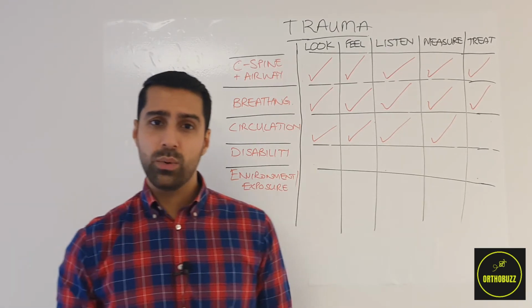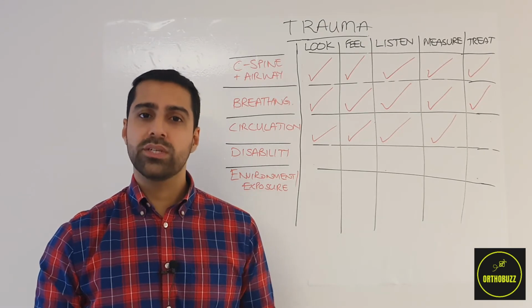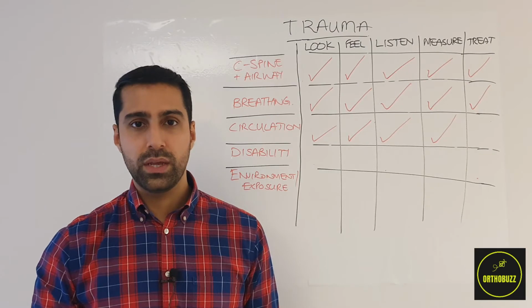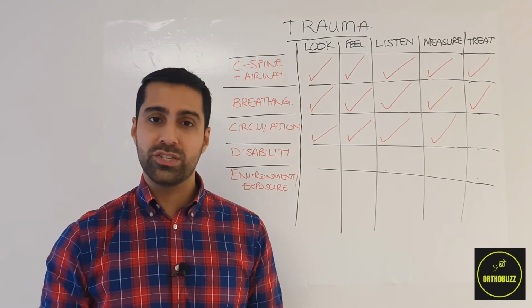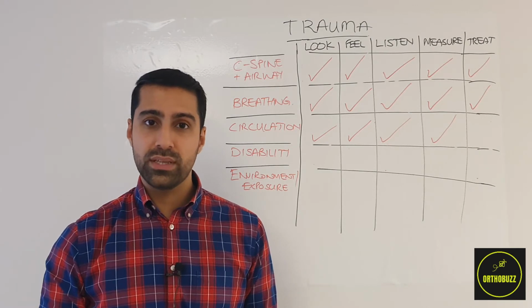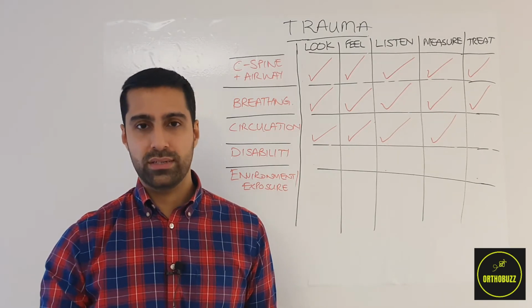Once we've done this, we would then give the patient 1 litre initially of warmed crystalloid, such as 1 litre of Hartmann's, and assess the response to this. If the response is good, it suggests that the patient is responding to this and therefore does not have any further active bleeding, either internally or externally.